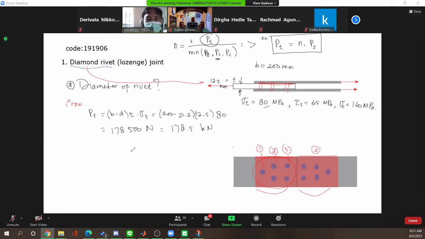This is the load capacity that can be resisted by the first row. And for the second row, this is for the first and this is for the second. We have two rivets in the second row.